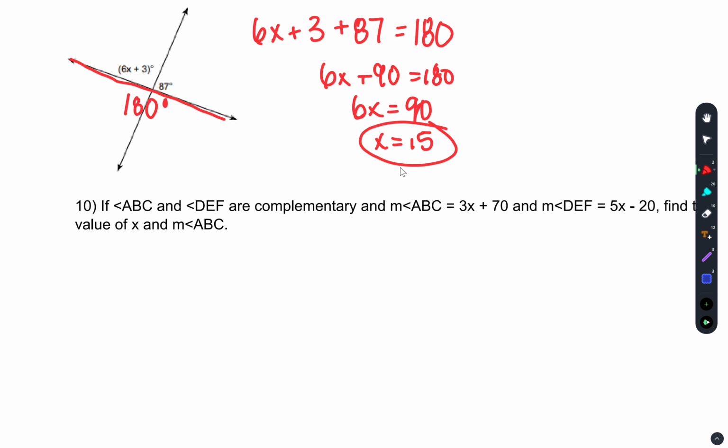And then one more. ABC and DEF are complementary angles. I'm given the values for ABC and DEF. I'm trying to find x and the measure of ABC. What is my setup? What's my equation I'm looking for?